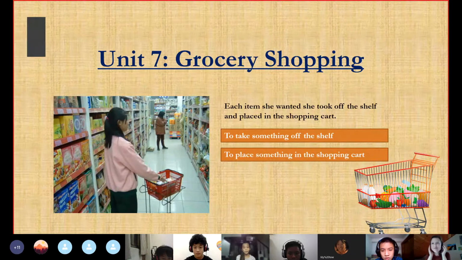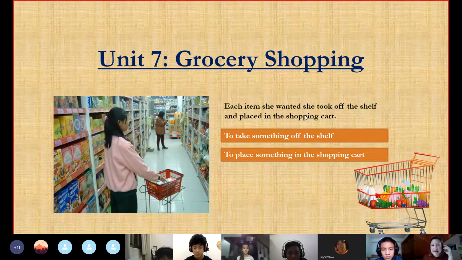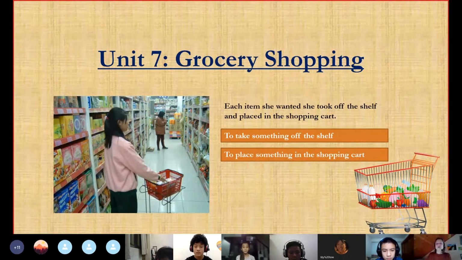And placed in the shopping cart. Very good. Okay, so let's look at the first one. To take something off the shelf.